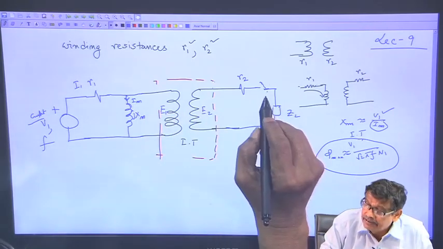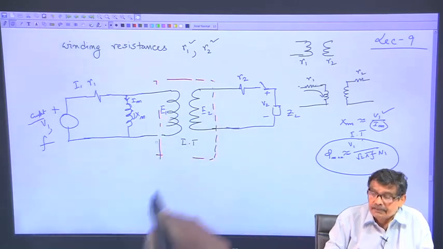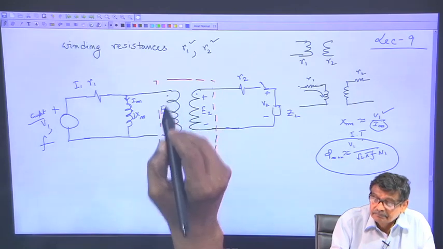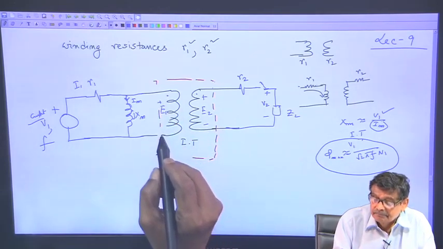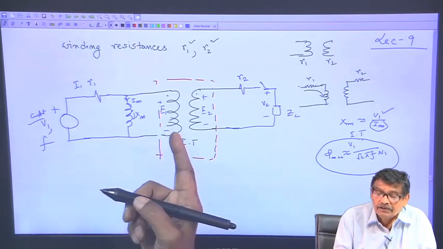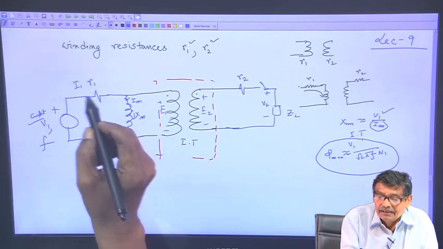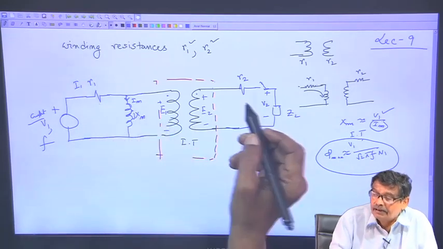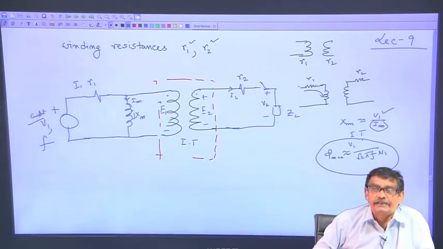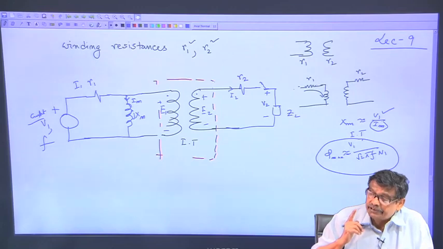Mind you, V 2 and E 2 will not be the same. Similarly, V 1 and E 1 will not be the same, because in between these two sources some I 1 R 1 drop here and some I 2 R 2 drop here will come, they cannot be the same. But nonetheless, we can do these things.